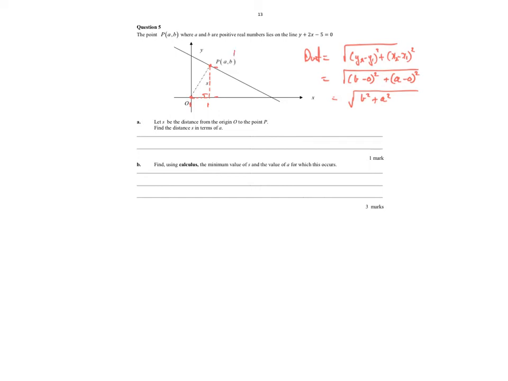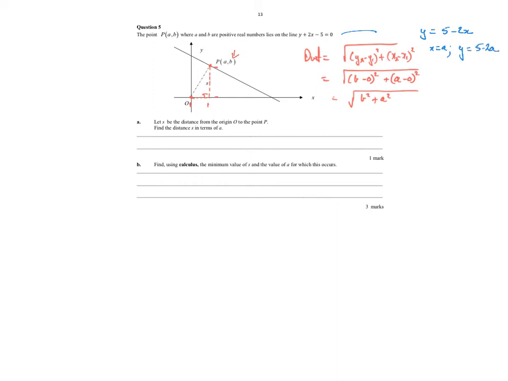So the trick is to remember that b is just my y value. And I've got an equation up here that says y is equal to 5 minus 2x. So if x is equal to a, y is equal to 5 minus 2a.